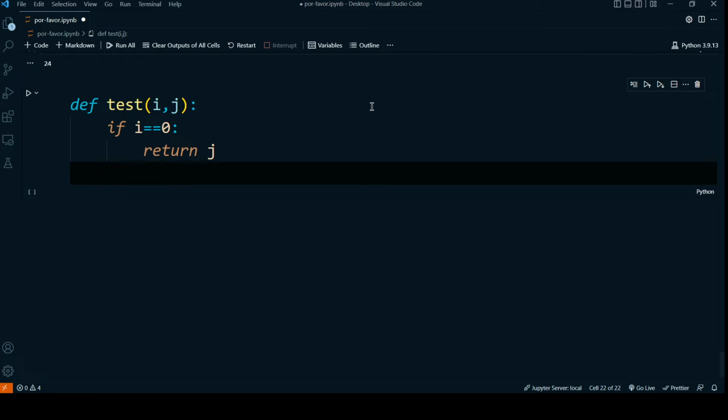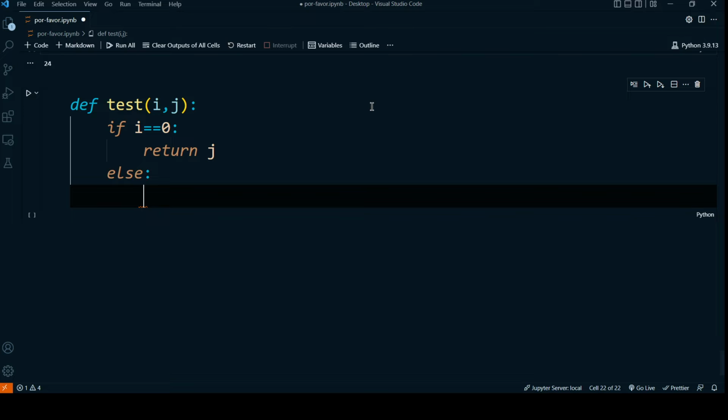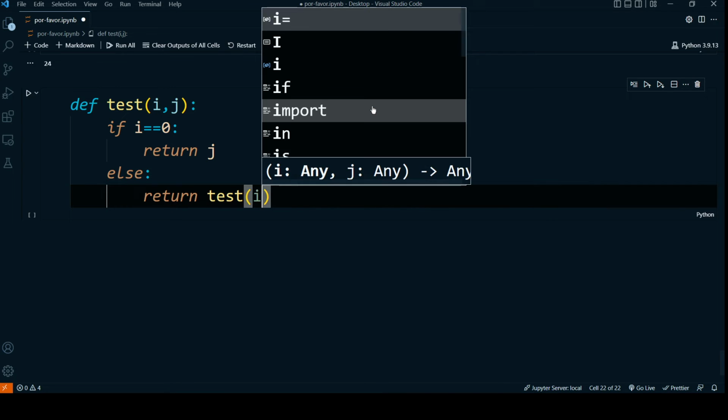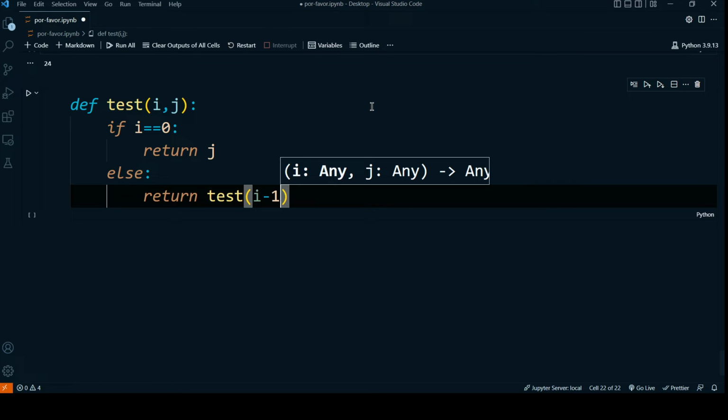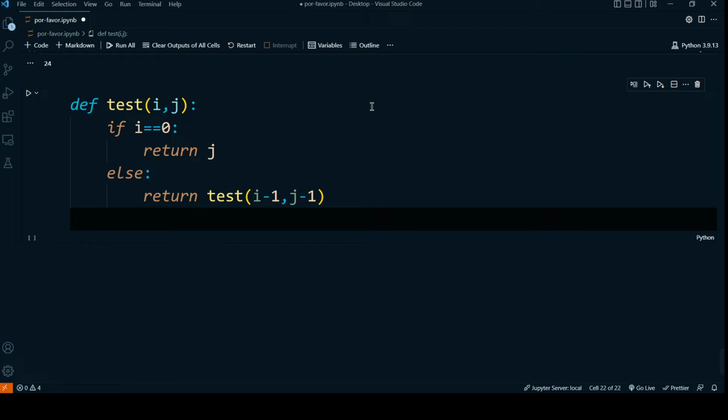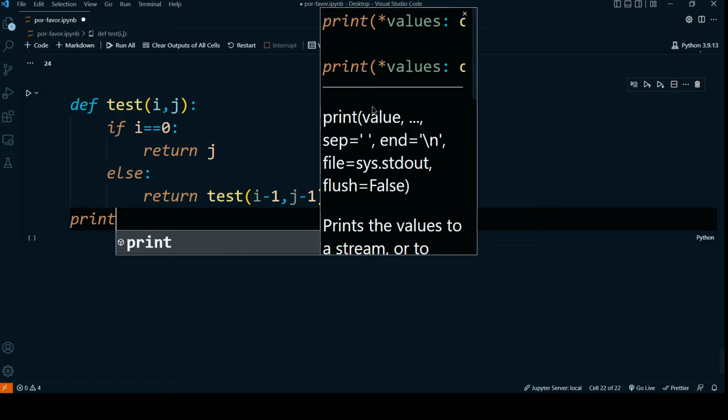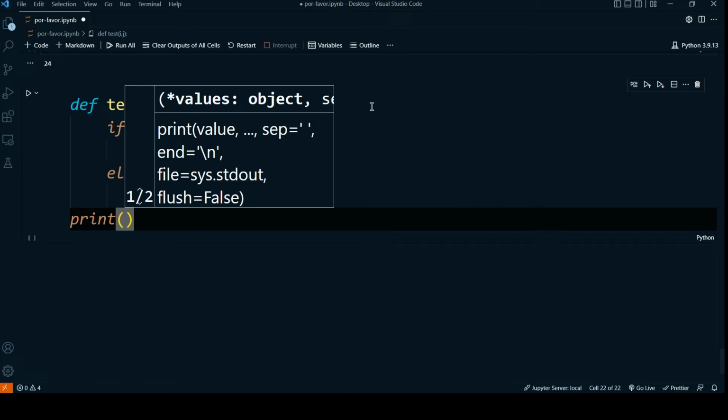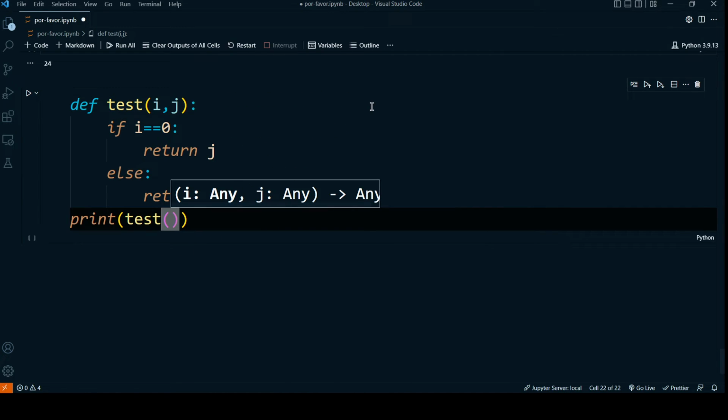And otherwise, it calls this function again. It returns test of i minus 1 and j minus 1. And let's call the function. So print test, and let's say I'm passing two values, which are 4 and 7.